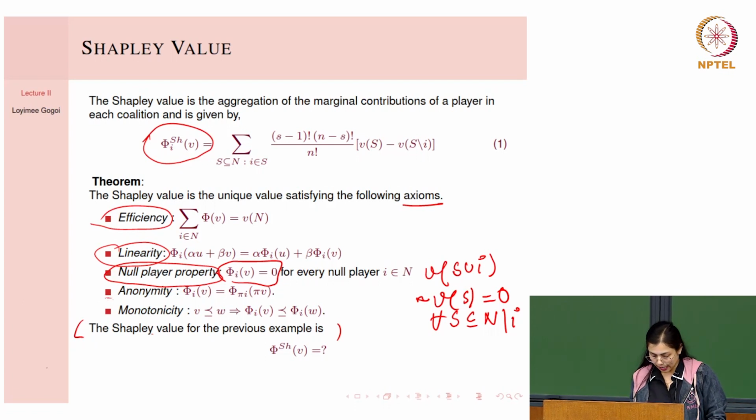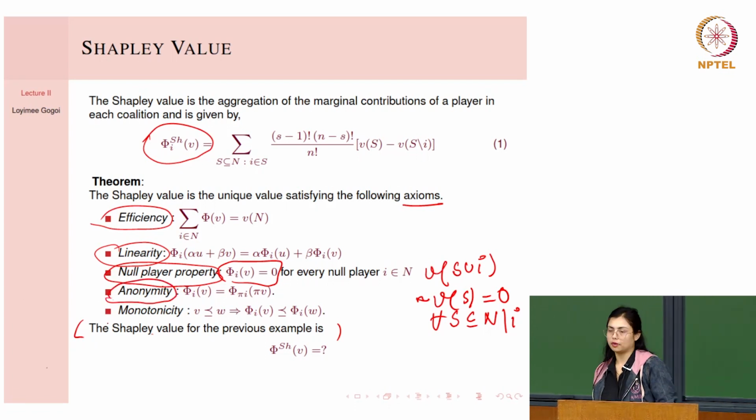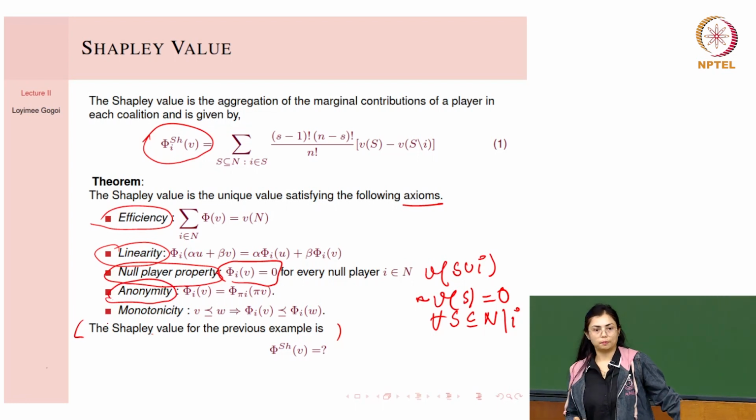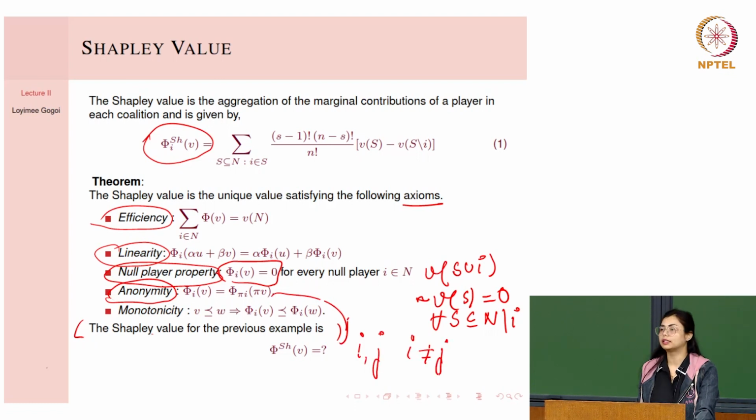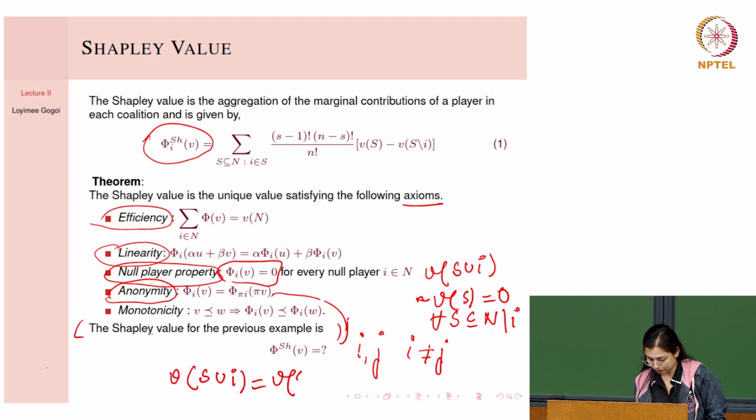The next is the anonymity property. What is the anonymity property? Suppose two distinct players I and J have the same contribution in that game, right?